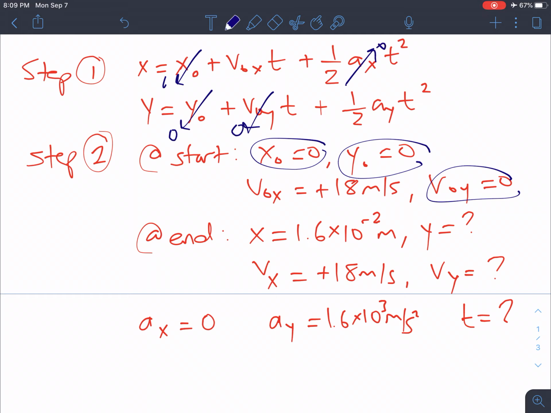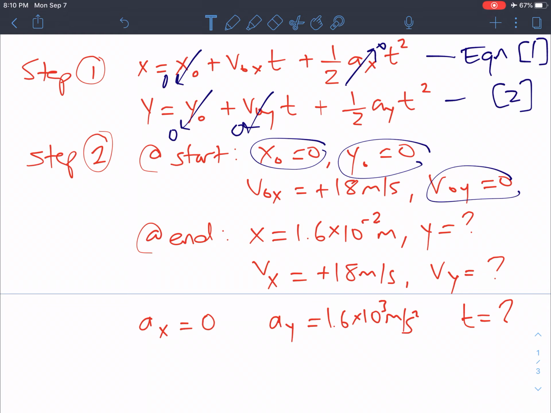You have everything else except the final velocity along y, and we don't really need it anyway, but they could have asked about that as well, as you remember from mechanics last semester. Let's call this equation 1, and this one equation 2.